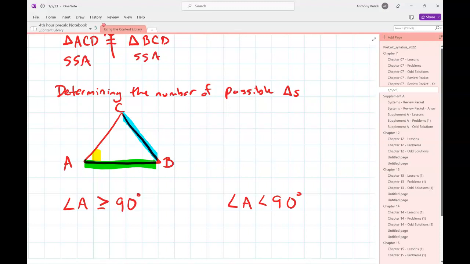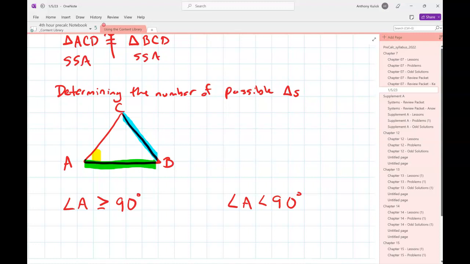Everybody agree with that? How many right angles can a triangle have? Just one. And it has to be then the biggest angle. Everybody agree? How many obtuse angles can a triangle have? Just one. And it has to be the biggest angle.